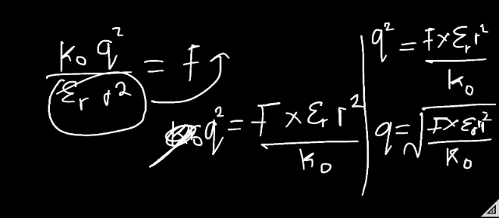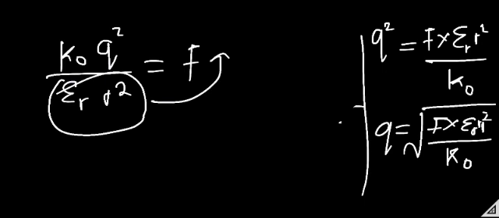So Q equals the square root of that. All we just need to do here is what we call direct substitution.